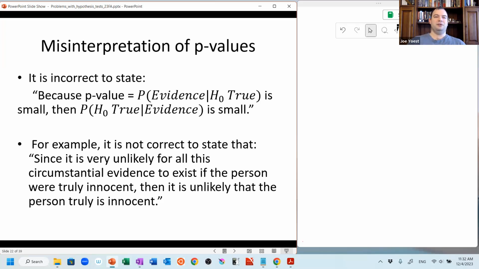It's very unlikely for all of this to exist if this person was, say, just someone randomly chosen from the population, rather than if they were the one who committed the crime. So the p-value is small. Therefore, it's unlikely the person's innocent and you should convict them. That is not a correct statement to make. That's just putting into words what is put into conditional probabilities up here.